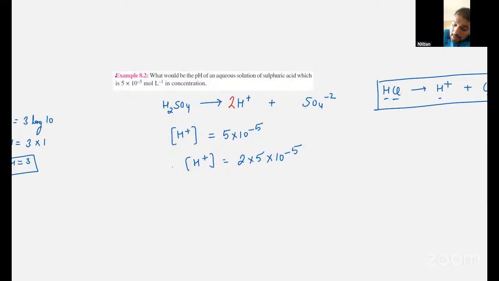So the H plus ion concentration will be 10 into 10 to the power minus 5, and the same base is there, so 10 to the power 1 minus 5 equals 10 to the power minus 4. Now we got the H plus concentration as 10 to the power minus 4. Now we have to use the pH formula.